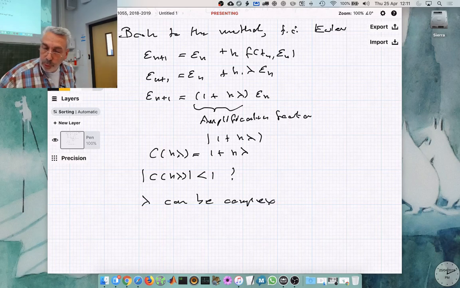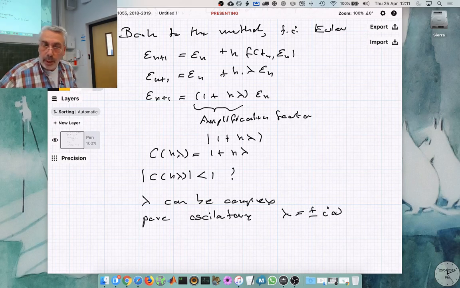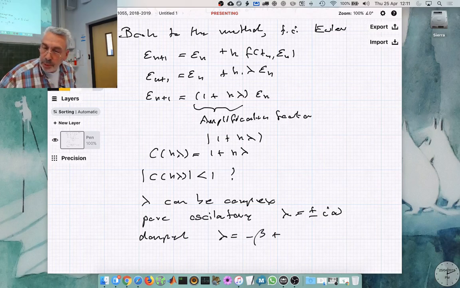So, for instance, for pure oscillatory, lambda is plus or minus i omega. And if we have a damped oscillation, lambda is minus beta plus or minus i omega.